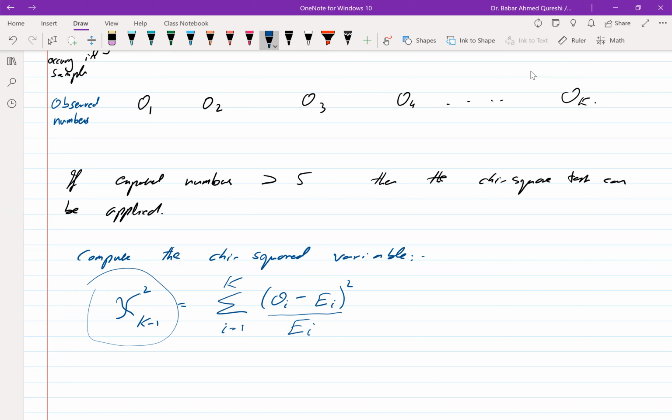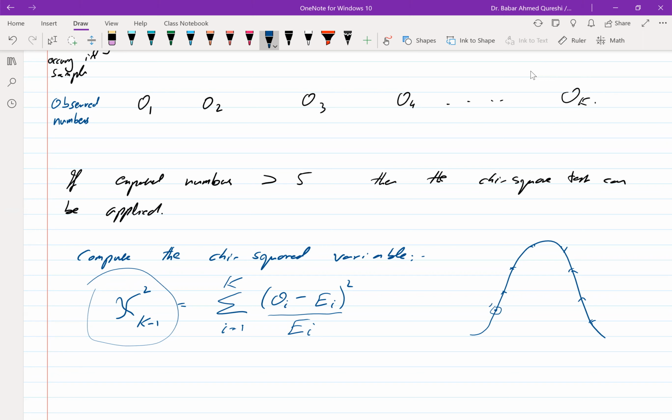If you were exactly following your expected probability distribution, then obviously your observed and expected difference would be negligible. It would be 0 and your chi-square would be 0. So the closer to 0 you are, the more confidence you have that your observed data is following your assumed probability distribution.